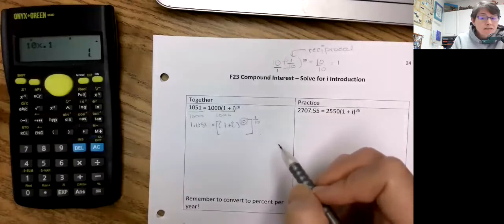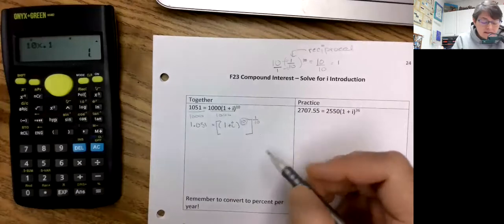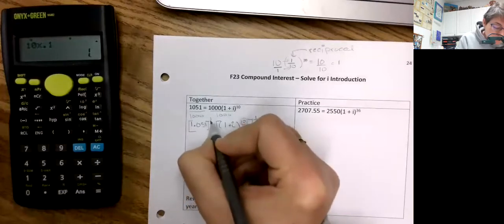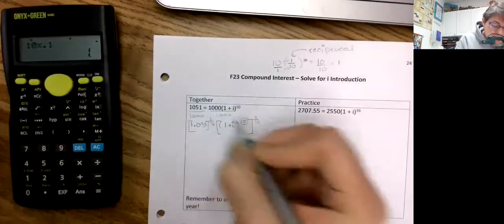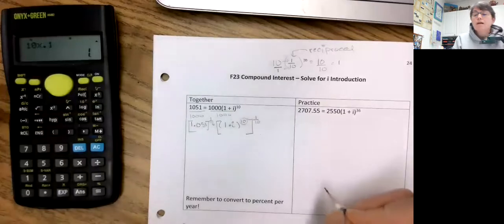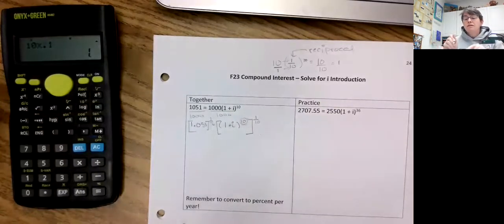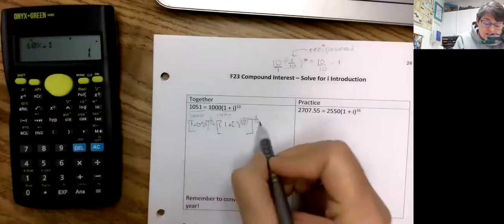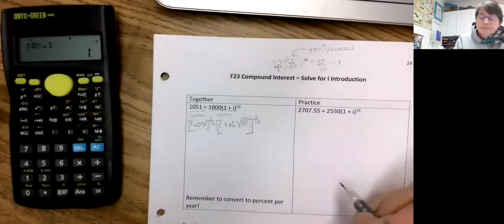Whatever you do to one side, you must do to the other. So just like when you subtract 40 from one side, you've got to subtract 40 from the other side. Or when you multiply one side by 2, you've got to multiply the other side by 2. Well, it doesn't change even when we're doing this crazy stuff with reciprocals.